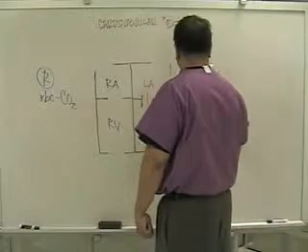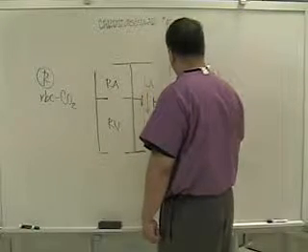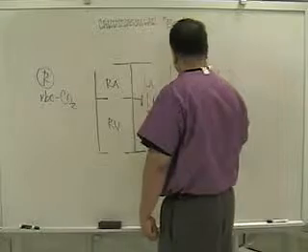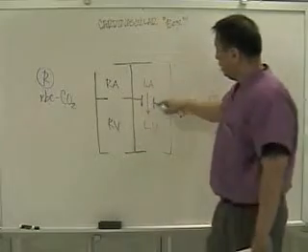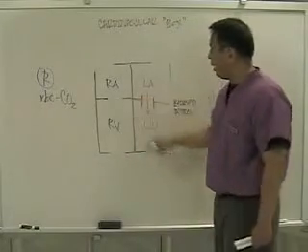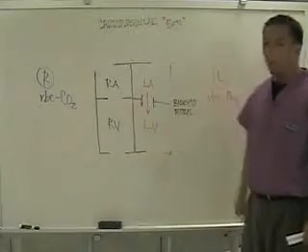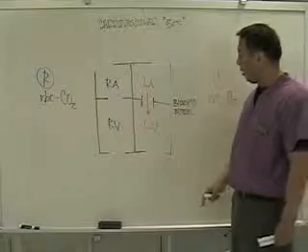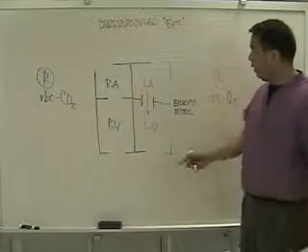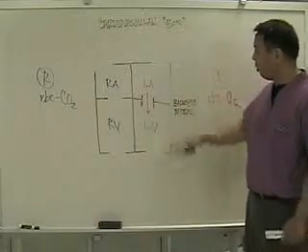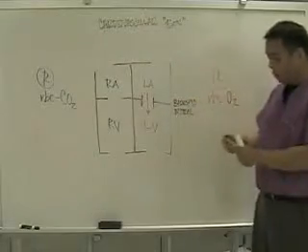Since it's a bicuspid valve, there's also two names for it, also known as a mitral valve. Any of these valves that are here or here are AV valves, atrioventricular valves. That means these are the valves or doors in between the atrium and the ventricle. And remember, only goes one way.